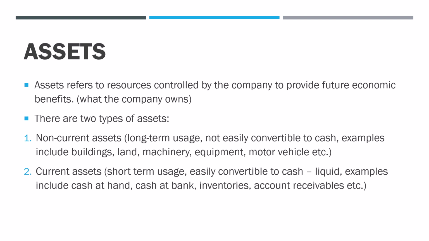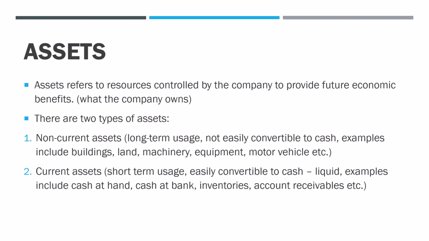The second part is the current assets. These are assets that are intended for short-term usage and are considered easily convertible to cash. In other words, they are very liquid. These are the things a company uses up or turns into cash relatively quickly, usually within a year.